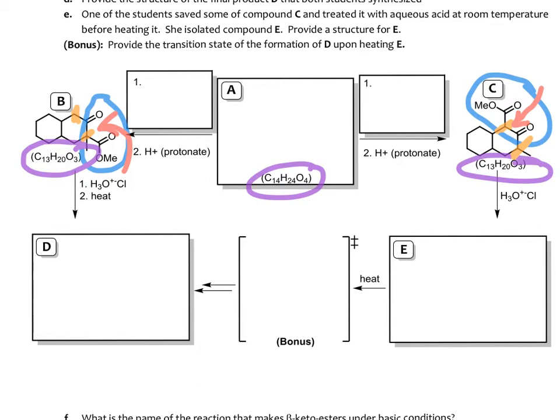So this is going to come from, I'm going to try to fit it in here. That's the cyclohexane ring that's unchanged. Now for this first one, this can come from a methyl ester that looks like that.